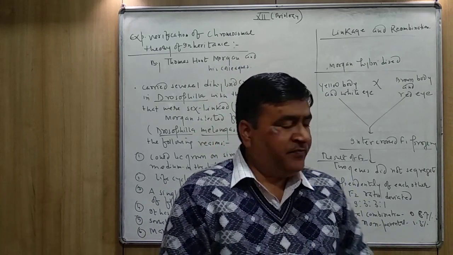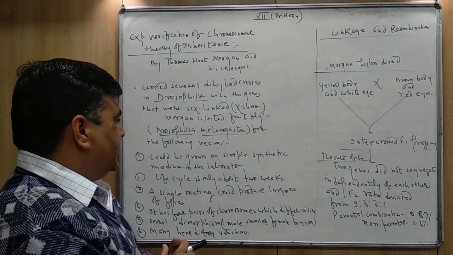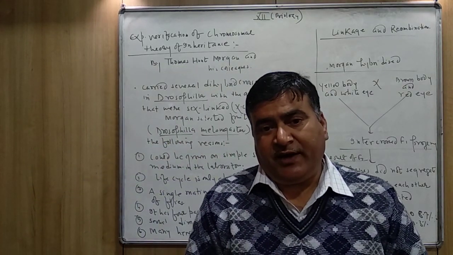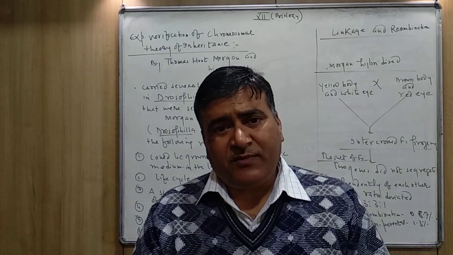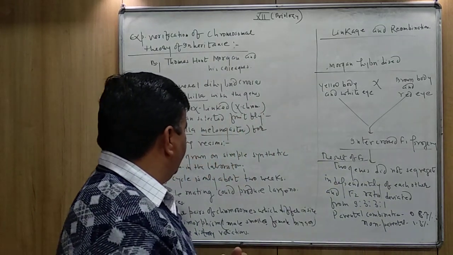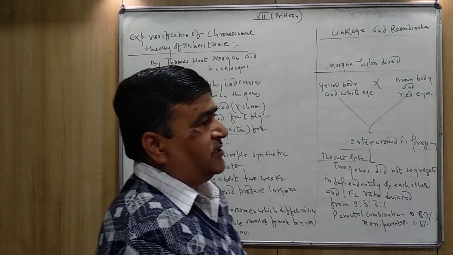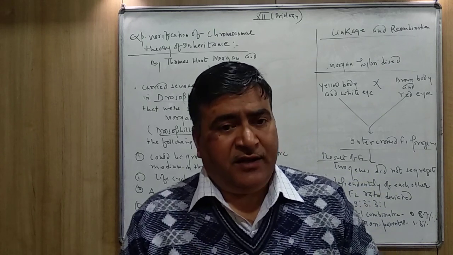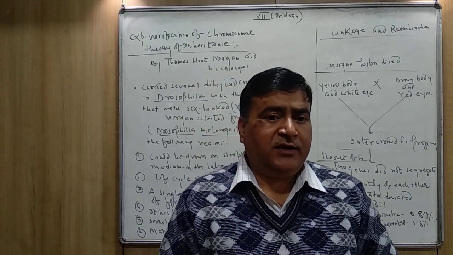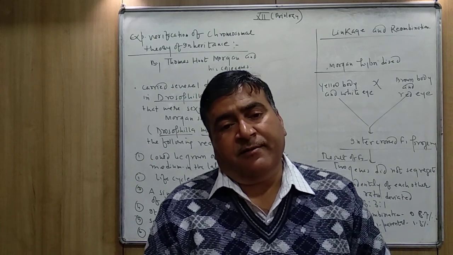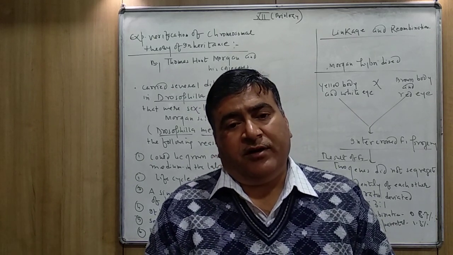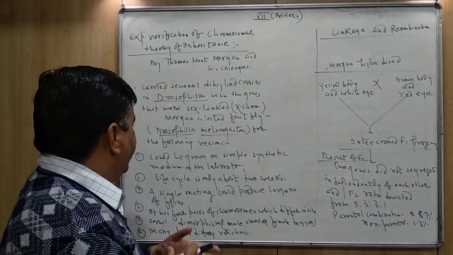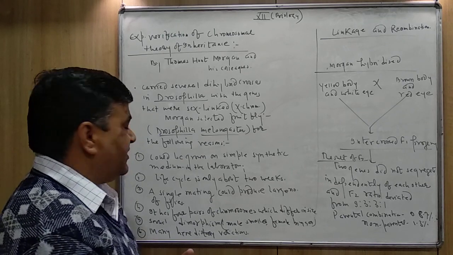Second, the life cycle is only about 2 weeks. The life cycle of the fruit fly is very short, completed within 2 weeks, or about 15 days. So he can study the different generations and the results. Third, a single mating could produce a large number of flies.